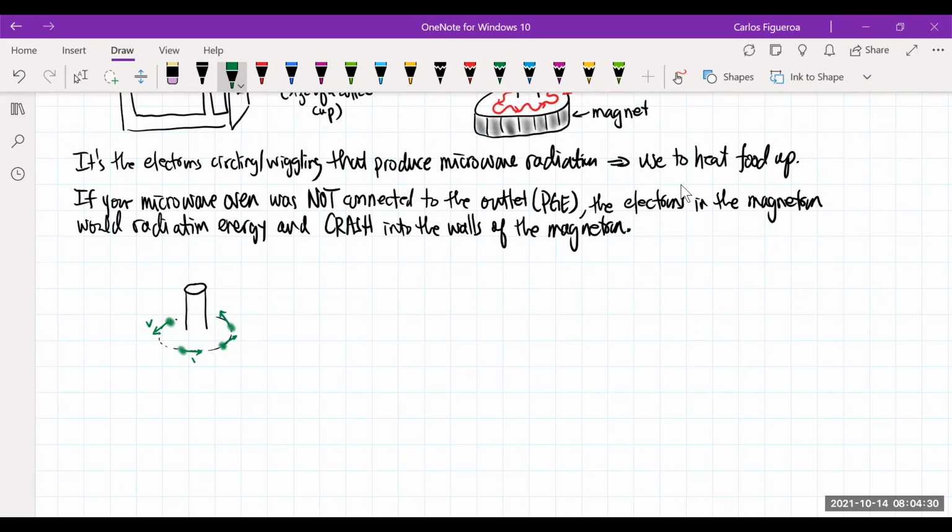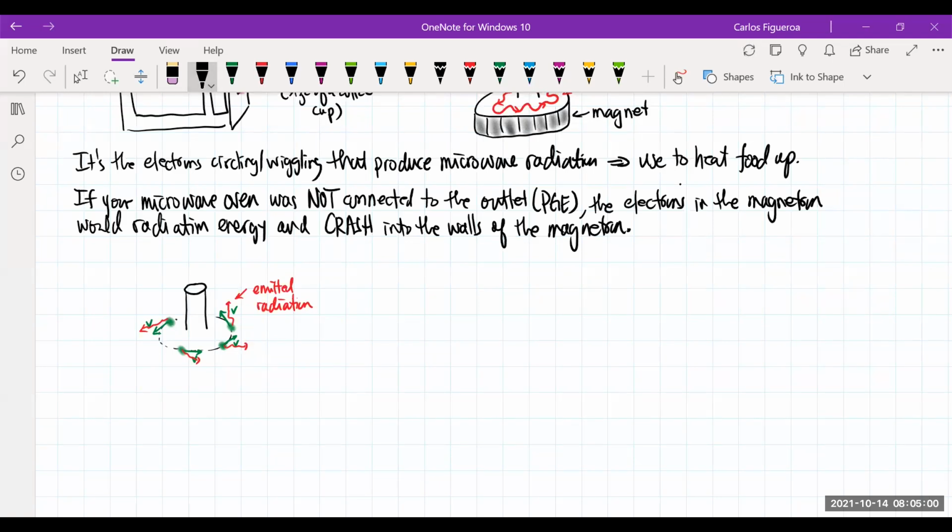And as they change velocity, they are accelerating. As a consequence of this, what do they do? They radiate radiation. So this right here is the emitted radiation. In this case, the radiation is microwaves.